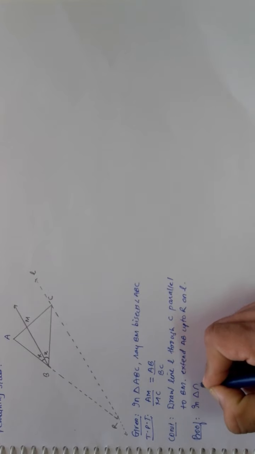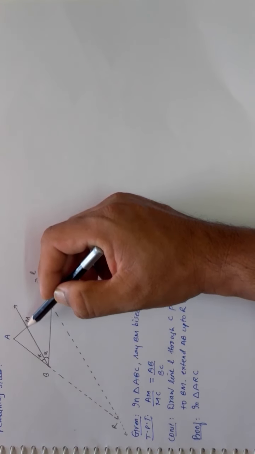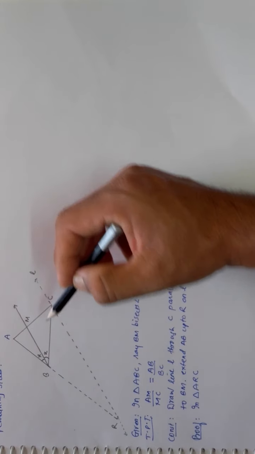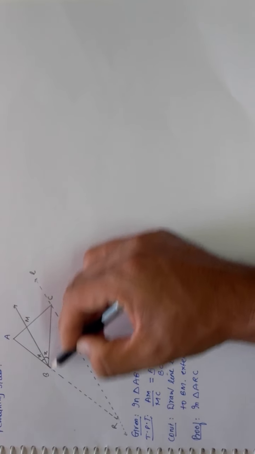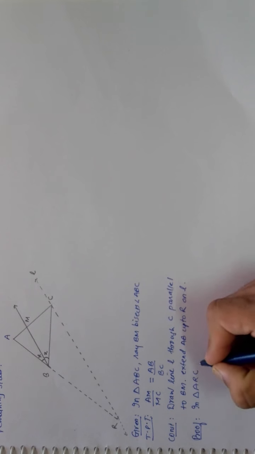So what I do here is, in triangle ARC, remember this triangle, because when I take this triangle, the unwanted part vanishes. In this triangle I have BM cutting two sides, agreed, and this BM is parallel to the third side. So this line BC you don't see at all. Remove it from your vision. So you have a triangle in which there is a line cutting two sides and parallel to the third side, so you can use the basic proportionality theorem.